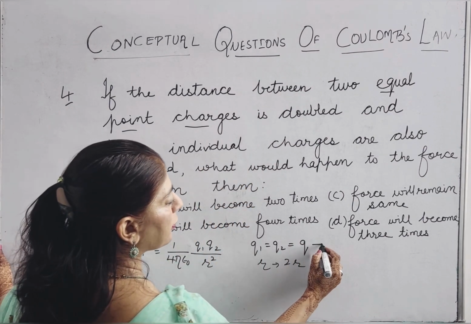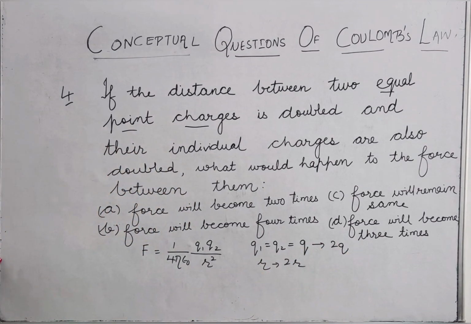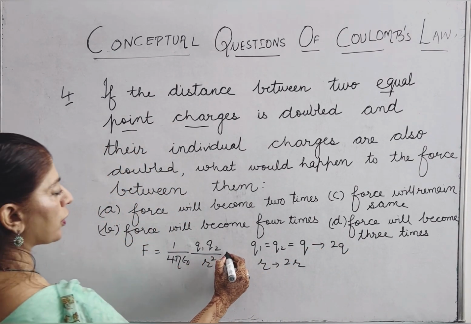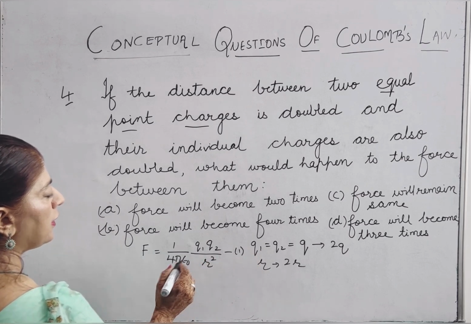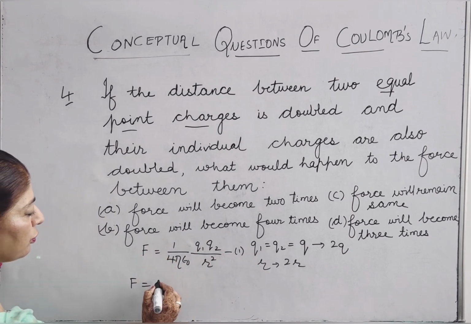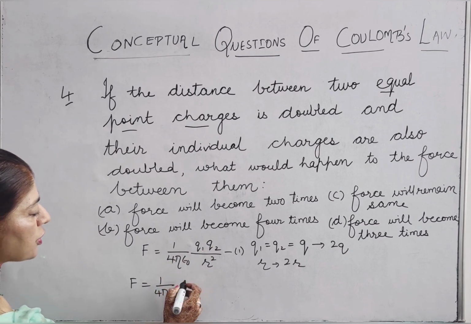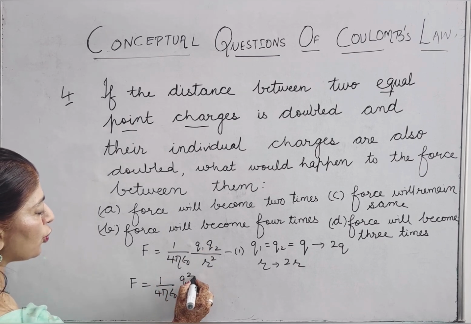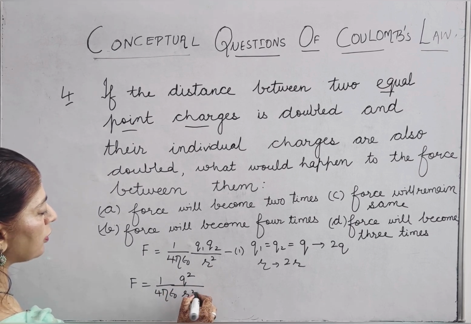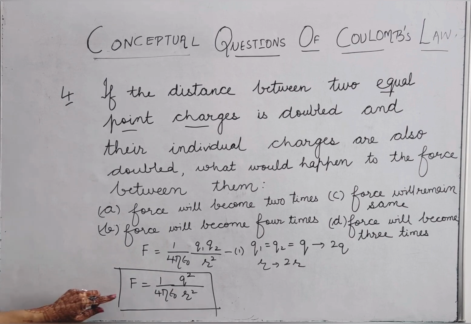These charges have been doubled, they have become 2Q. Now this is our equation number 1. In the equation, first we will find out the force according to the condition. 1 by 4 pi epsilon naught, since charges are equal, so Q square, and distance between them is R square. This is the initial force.